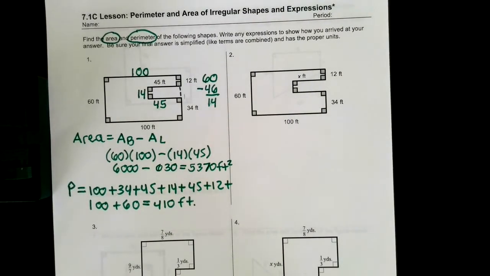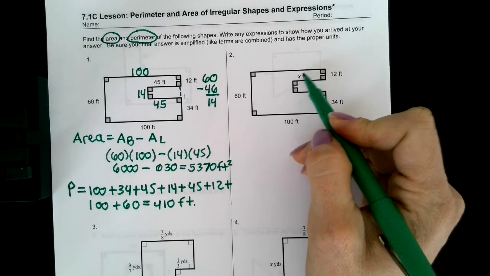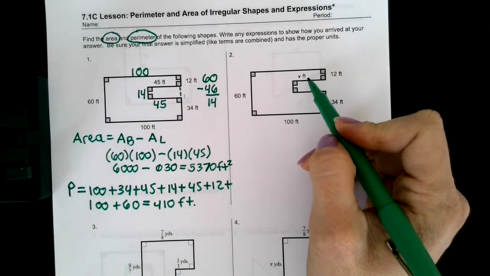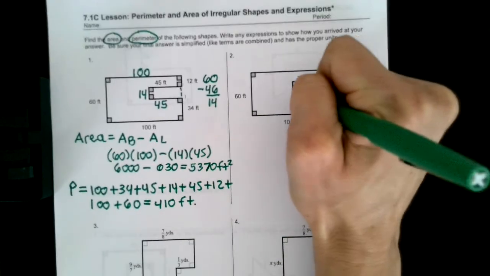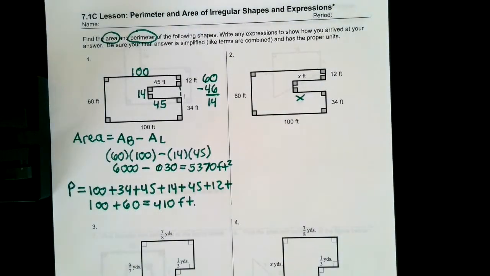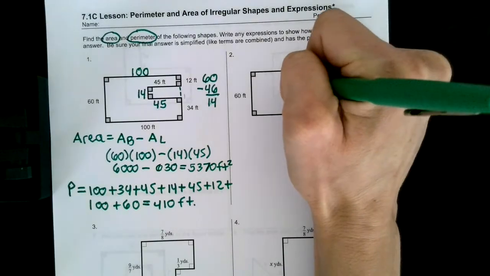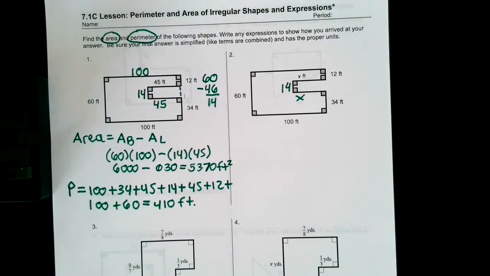All right, taking a look at number 2. It's the exact same irregular shape, except we're missing some sides. Instead of being given 45 feet for this length right here, we're given x feet. So that means that this length is also going to be x feet. We can still use the same information from the original rectangle to note that this is 14.